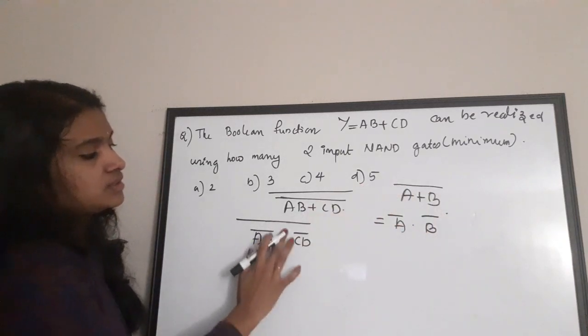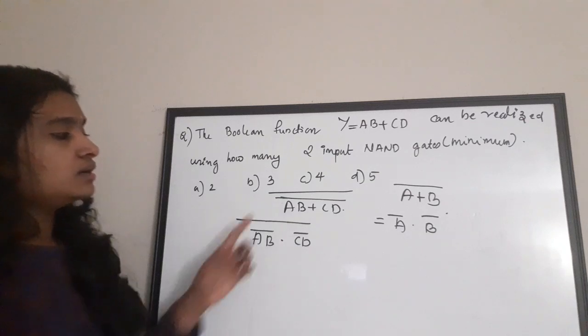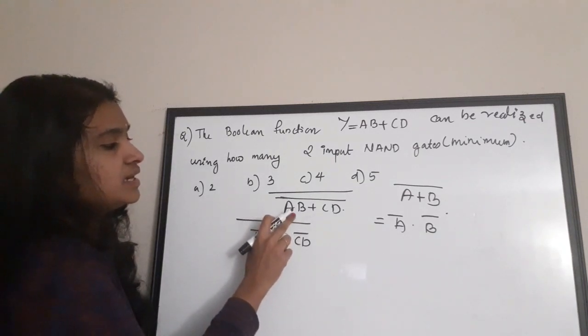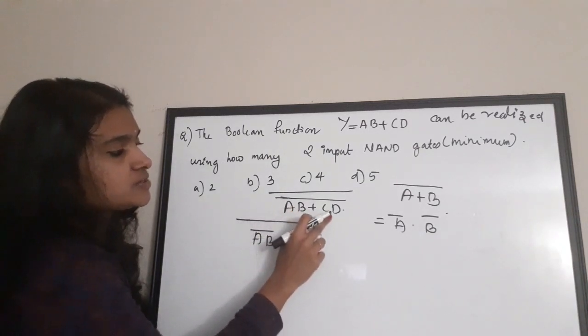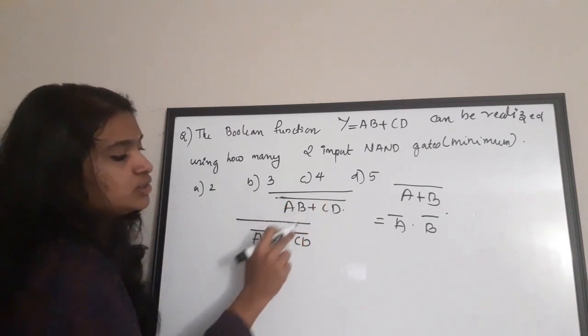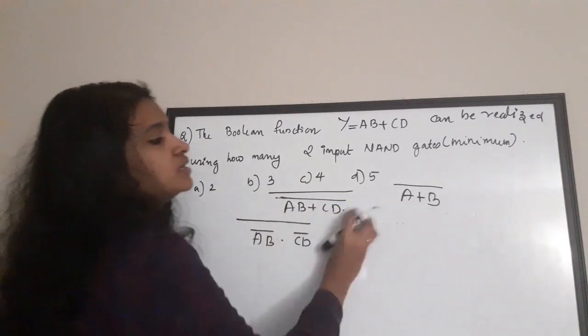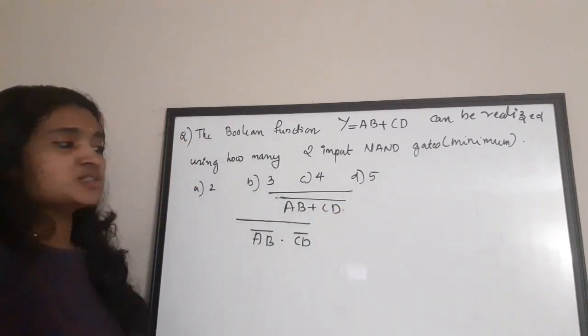Okay, sorry, this is a into, not a plus. So here it is. This is A, this is B. A plus B, the whole bar is equal to A bar, that is AB bar, into B bar, that is CD bar. Okay. So, this is the expression.